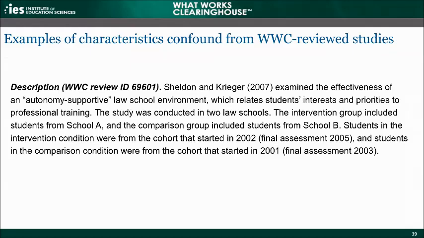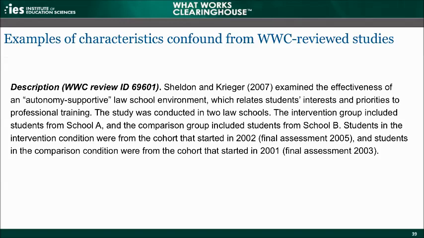Okay, so first study examined the effectiveness of an autonomy supportive law school environment. The purpose of this intervention is to relate students' interests and priorities to their professional training. The study was conducted in 2 law schools.